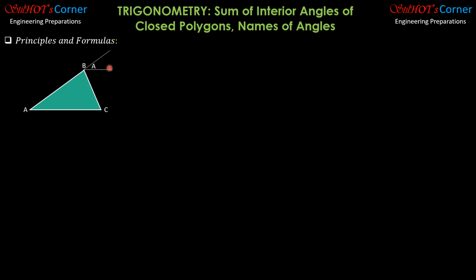Then, since this is parallel to AC and this is the common side BC, this angle is denoted angle C, the angle between the horizontal and this side BC here.